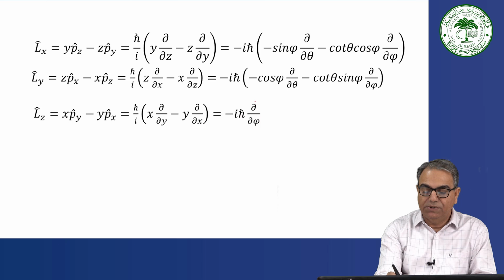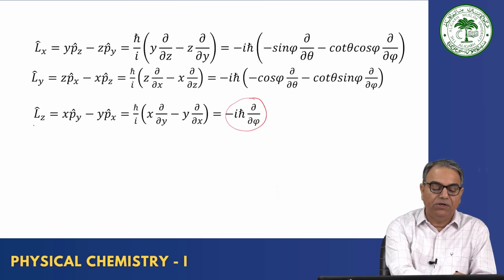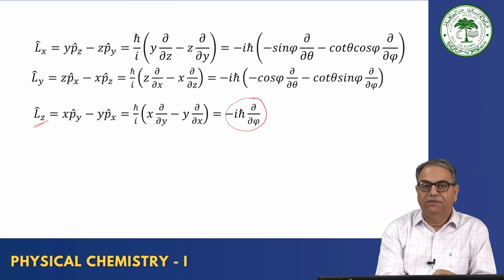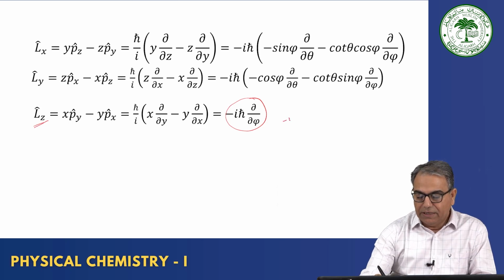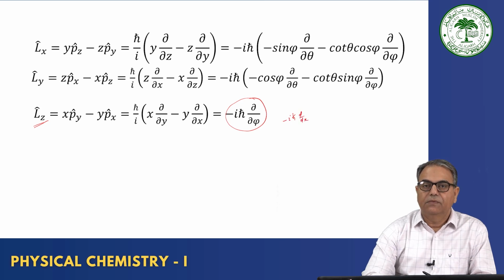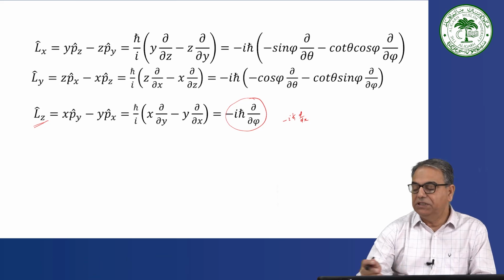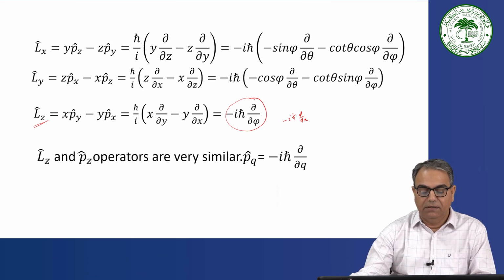So you see this operator for the Lz component of the angular momentum is very similar to minus i h cross d by dx, the linear momentum operator. Lx and Ly are not similar, but the Lz operator is very similar to the linear momentum operator.